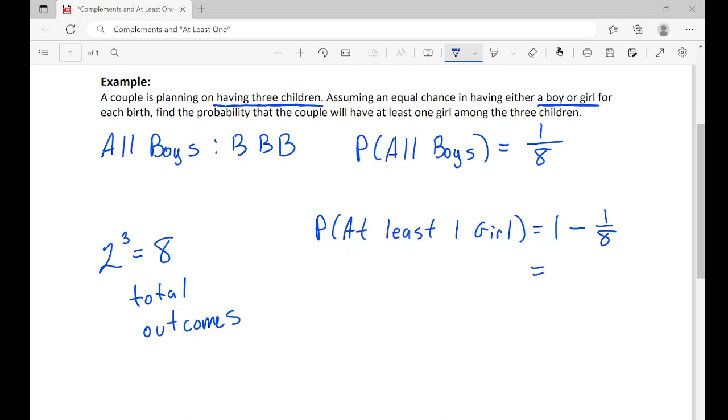Just put that in, and we're going to get 7/8. So the probability of getting at least one girl is 7/8. So using the complement rule here is a little bit easier than trying to find out all the possibilities. We could have gone straight from the total number of outcomes, but this is just a small example to see how it works. Now let's see a little bit more of a complicated one.